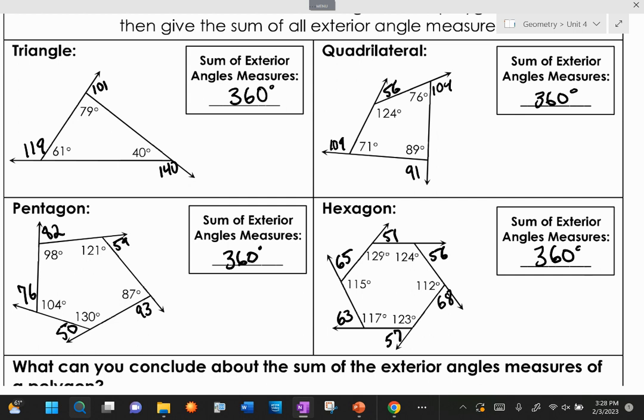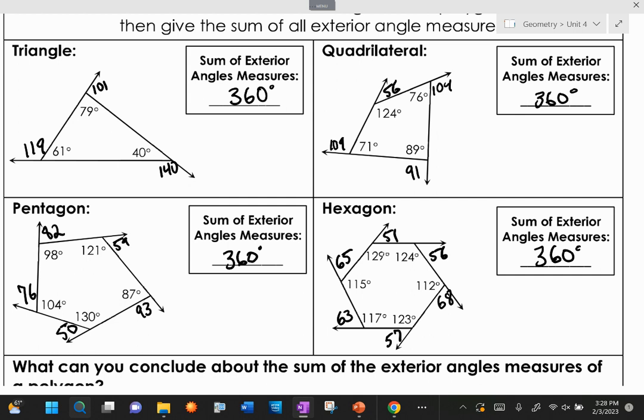If it's a hexagon, then you subtract 720. Those won't be 360.